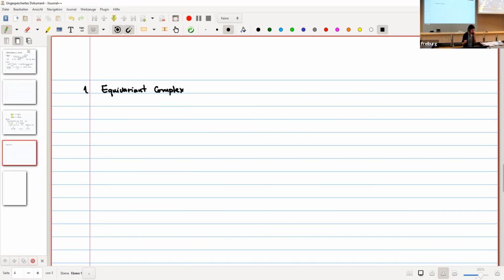So, as I told you, I want to define a complex which encodes the Hamiltonian action, right? So you have your action, proper and free, allowing the momentum map. So how can I define this complex?